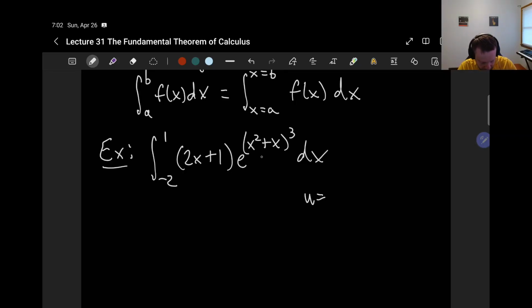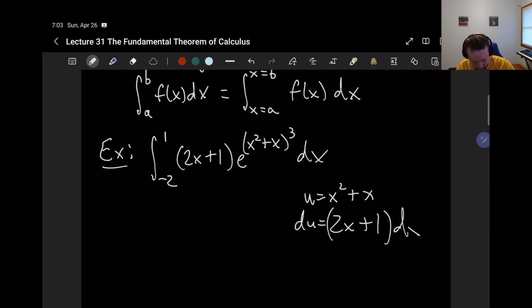However, if I just take the very inside part, x squared plus x, well, there might be some slight complication from this down the road, but for now, it'll work. So du is 2x plus 1 dx. Notice we see that here in the integral.